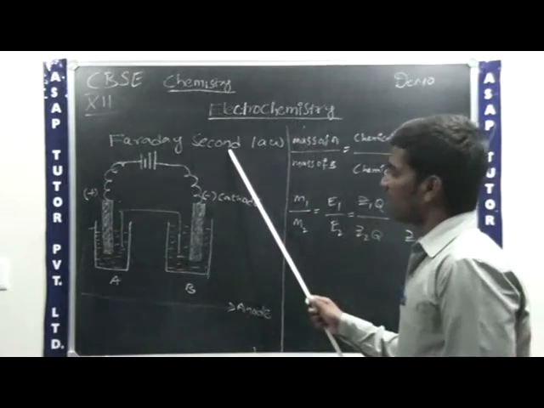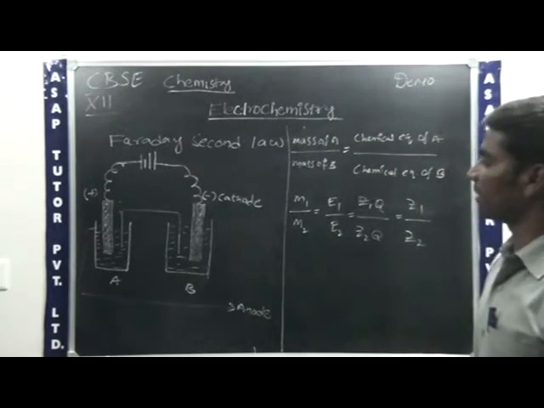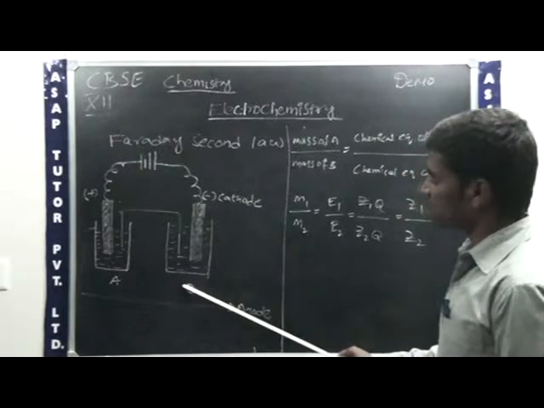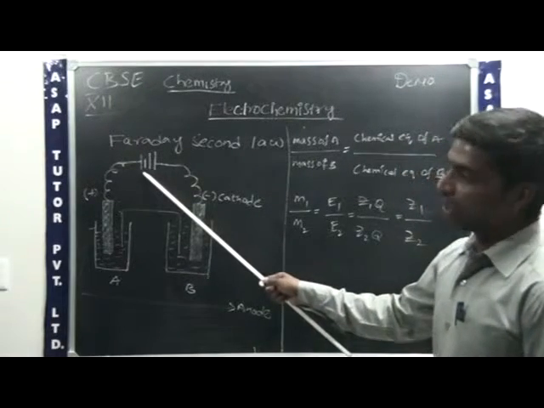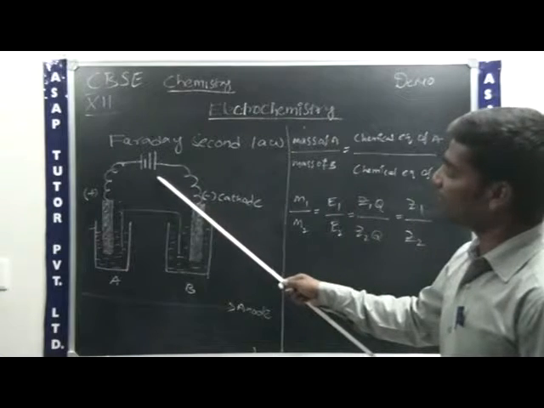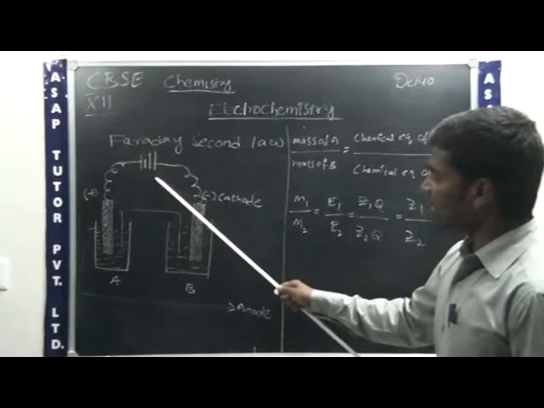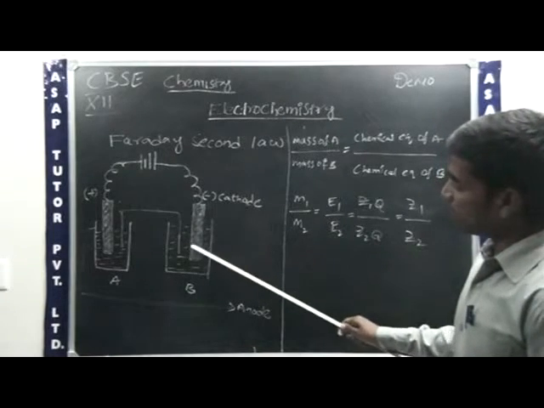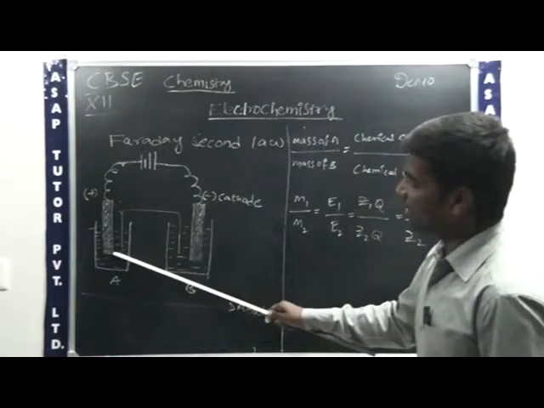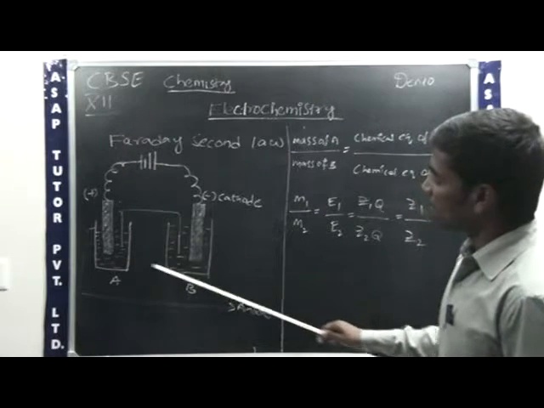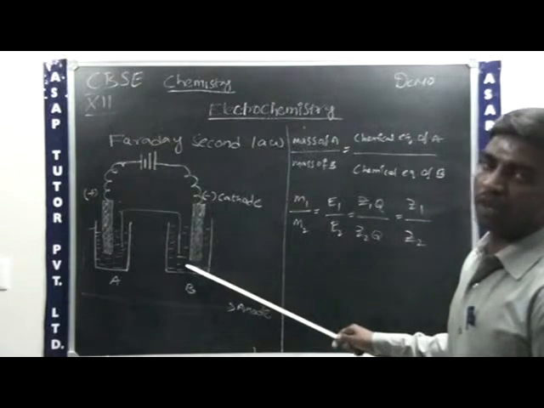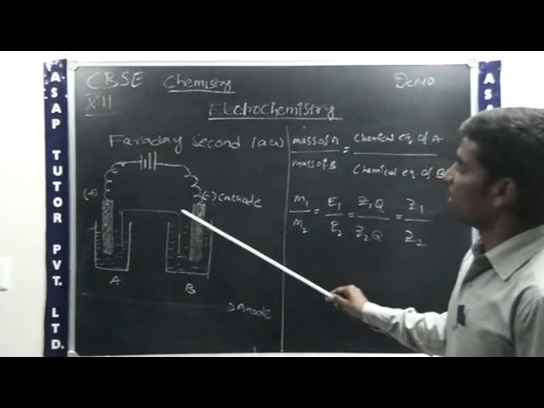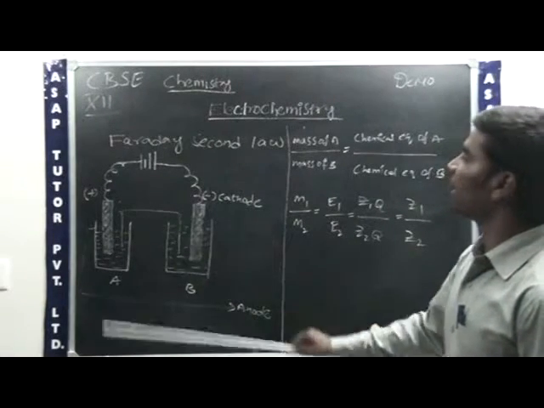Faraday's second law is explained when we take different electrolytic solutions and pass the same current through them. When the same current is passed through different electrolytic solutions, the deposit of product or metal depends on the chemical equivalent of the solution.